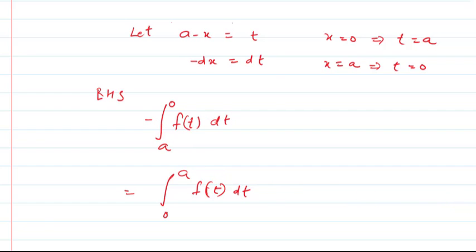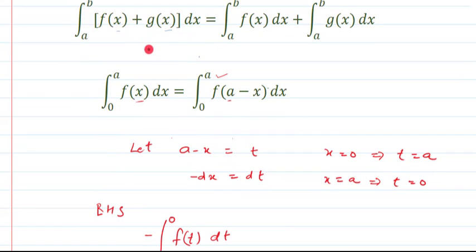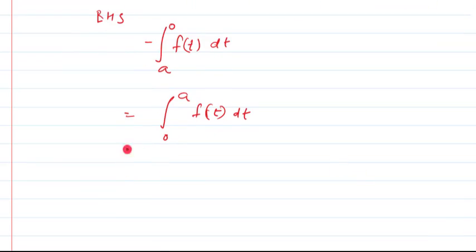Now, using property number 1. Property number 1 says that we can change the variable in any form, either x or y or z, whatever we need. So here on the LHS we are having the variable as x. So let us change this t into x.